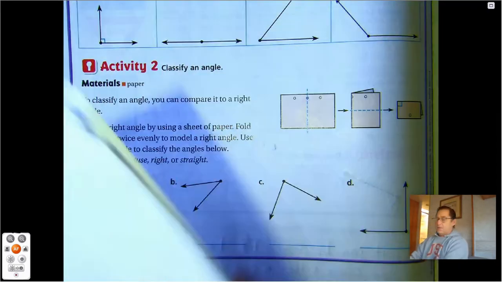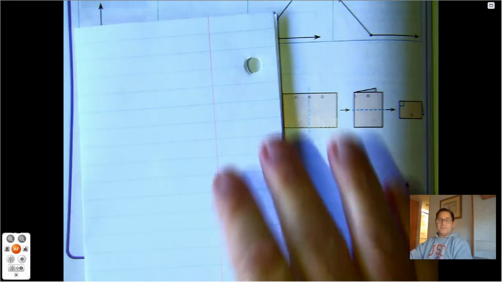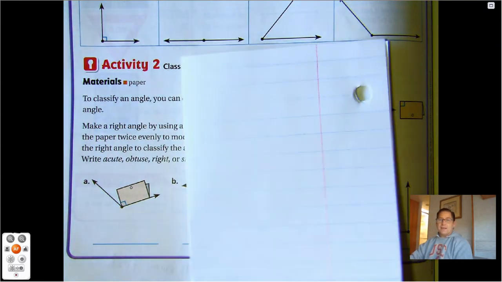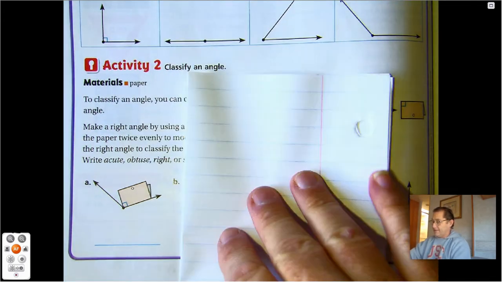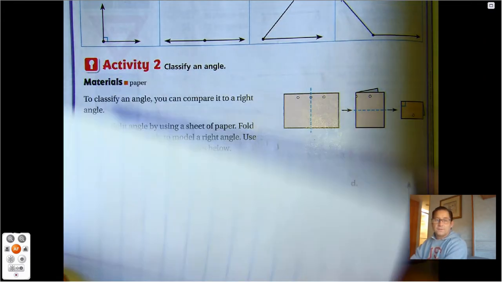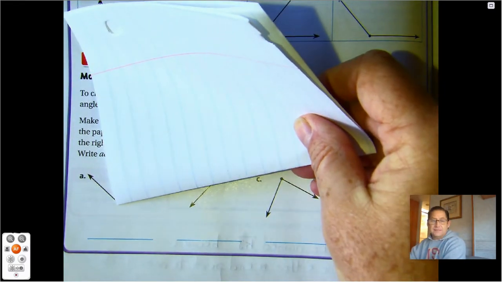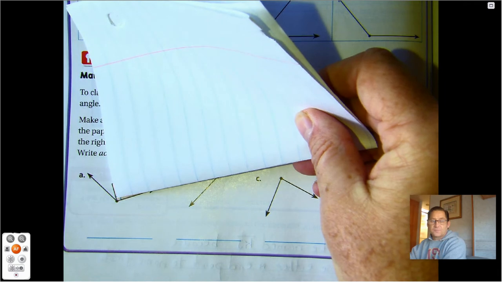Okay. So we have this little folded piece of paper. And we're going to use the corner of our fold to identify the different angles.